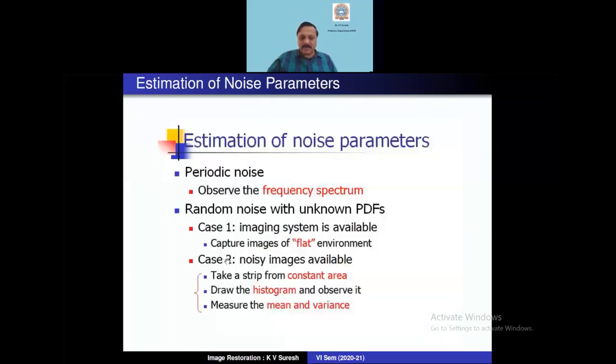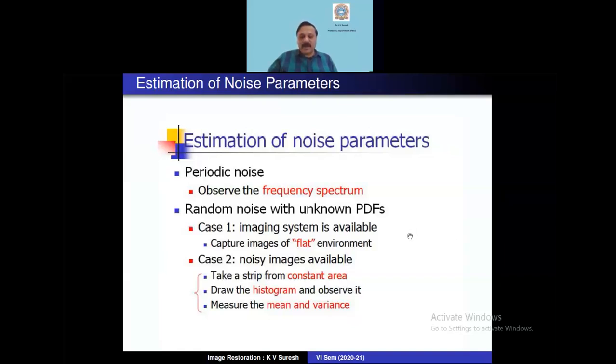So I can capture something like this, for example a smooth region, and then plot its histogram. The shape will tell me what type of noise it is.